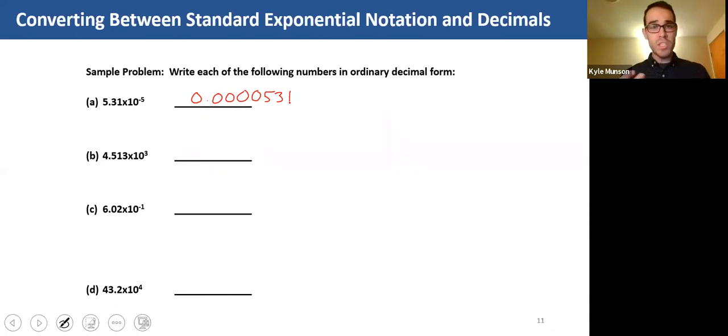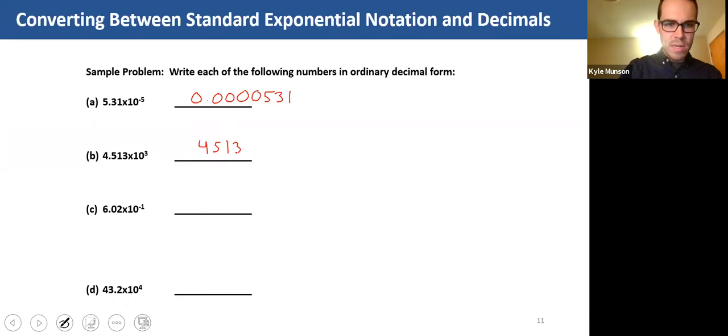One way you could double check is to reverse the number you get. Do the steps we talked about in the first two videos and try to put it back in exponential notation. That gives you practice, but it also lets you check whether you typed it into your calculator correctly. This next number is going to be 4513.